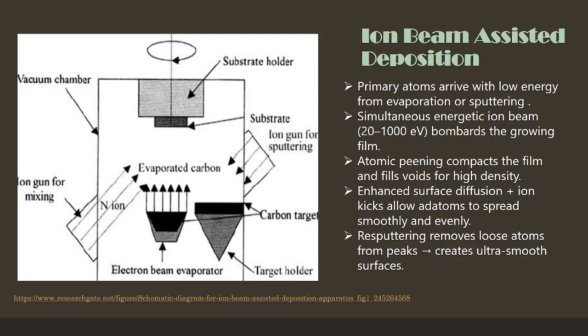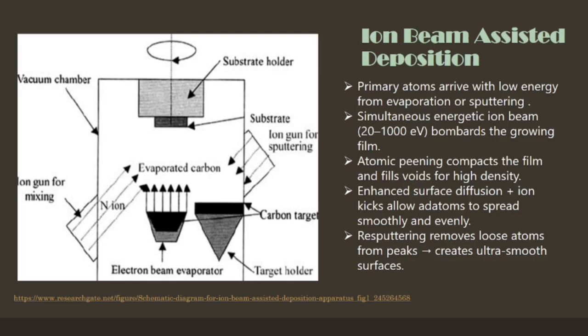But the extra thing here is we will be using one more ion gun for mixing the thin film formed on the substrate. As the atoms coming from the target enter the substrate, at the same exact time we send a separate beam of ions towards the substrate surface.